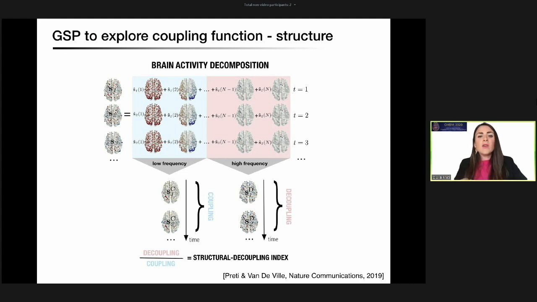One only contains low frequency, which by definition is more coupled to the underlying structure because of the features of these low frequency patterns, and the other portion is more decoupled. We could also define a structural decoupling index that quantifies the coupling between structure and function at each region in the brain by the ratio between decoupling and coupling.